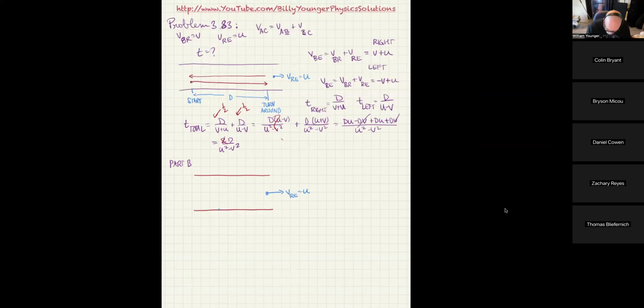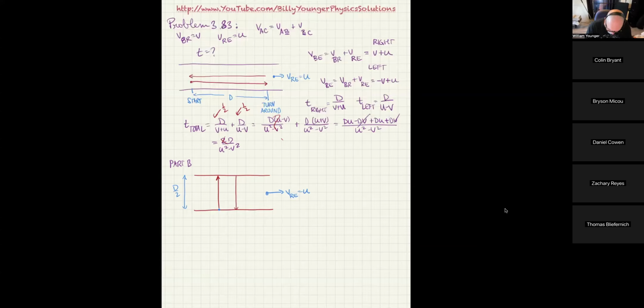Now, what we're trying to do here is make this distance be d over 2, and the trip will first be from here to here, and then the trip back will be from here to here, laying in exactly the same spot, because they said derive a formula for the time needed to make a round trip, a total distance of d, if the boat makes the trip by moving directly across the river and back.